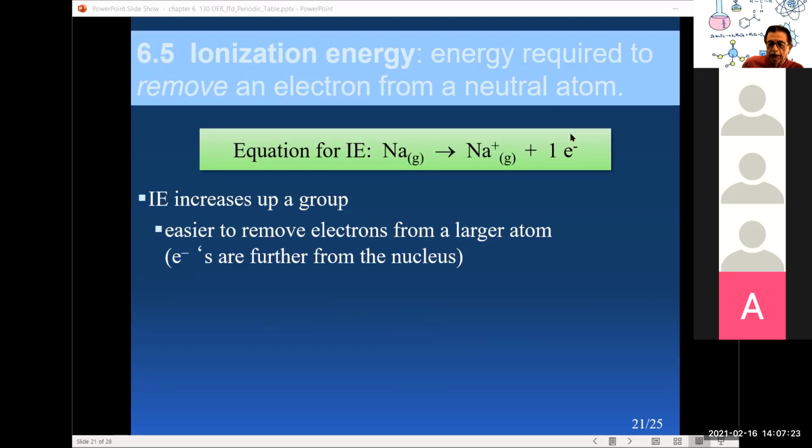Ionization energy is when you take a neutral atom, an element that has an equal number of protons and electrons, and then you try to remove an electron with a certain amount of energy. So ionization energy is a measure of the amount of energy necessary to remove an electron from a neutral atom.